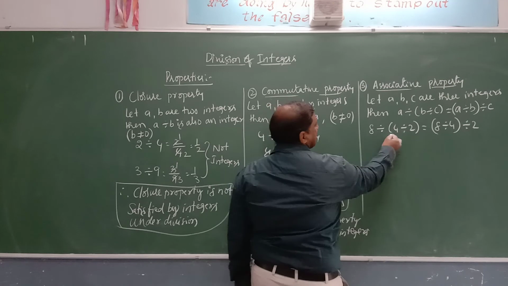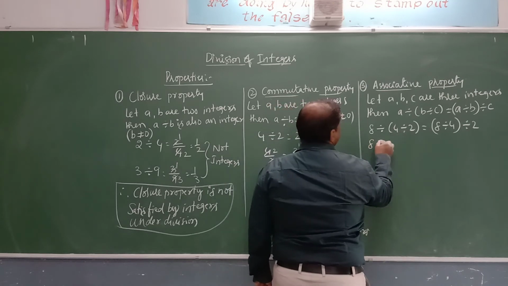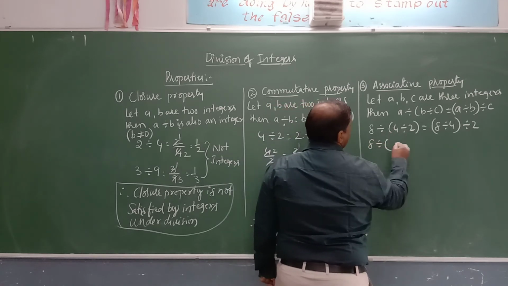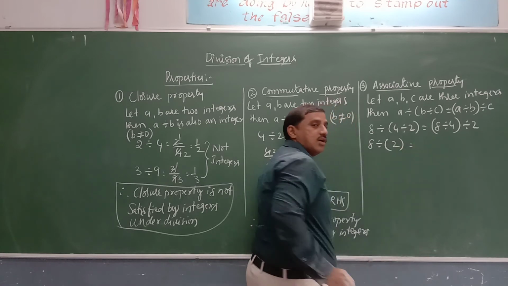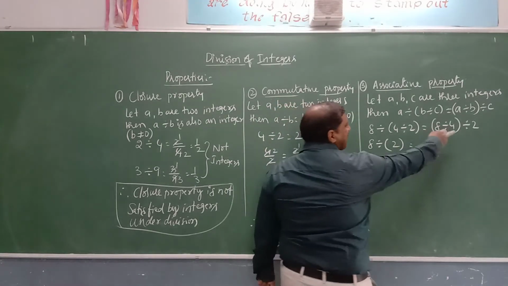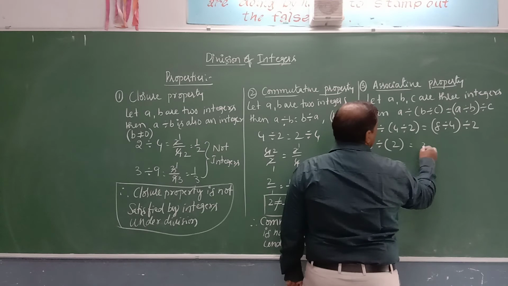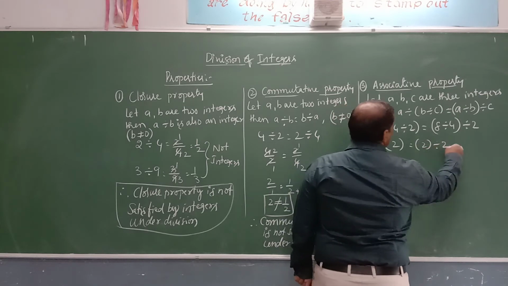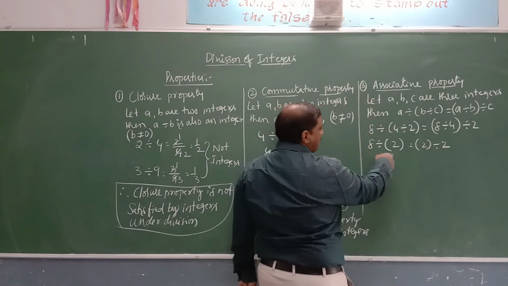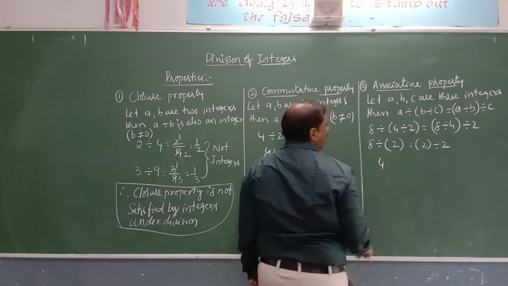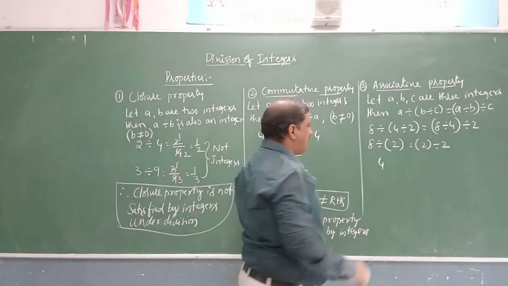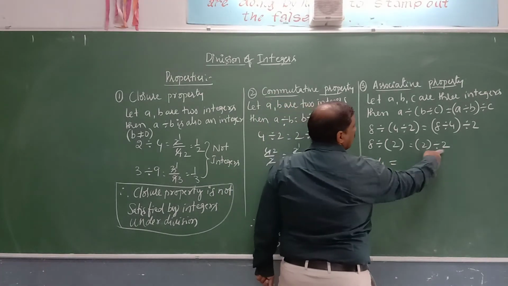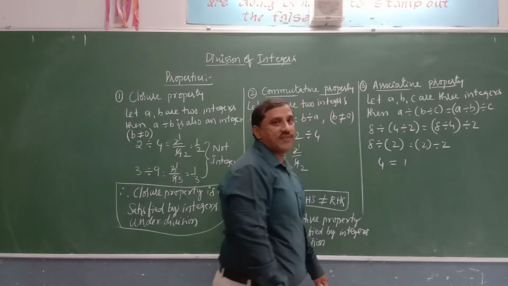First we should simplify inside the bracket: 4 divided by 2 will get 2. Then 8 divided by 2 is 4, since 2 fours are 8. On the right side, 8 divided by 4 is 2, and then 2 divided by 2 is 1.